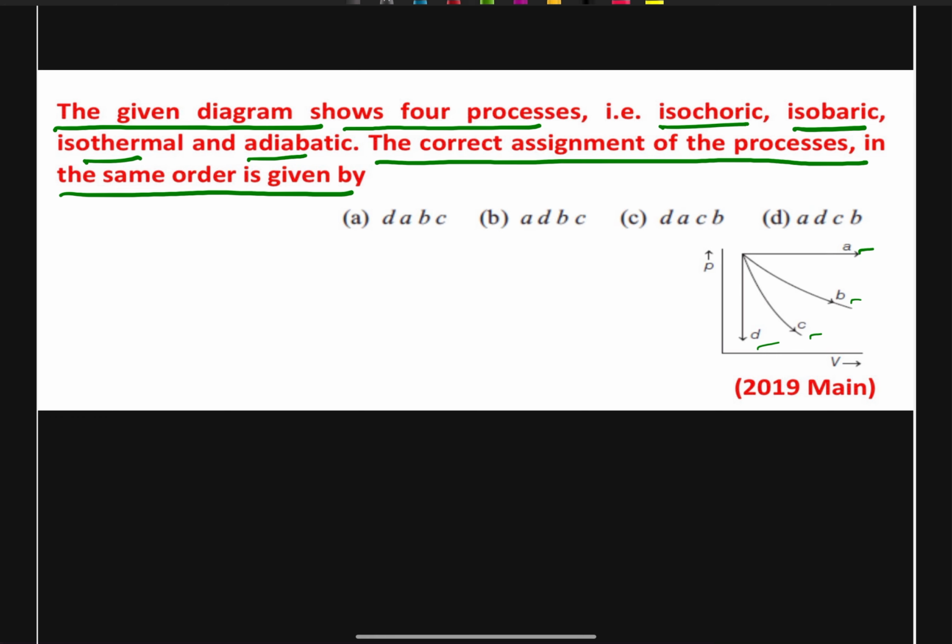At least two processes we can easily identify: process A, where pressure is constant, and process D, where volume is constant. So process A will be our isobaric and process D will be our isochoric.